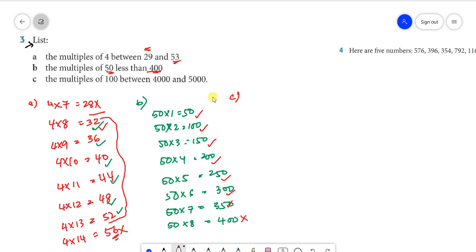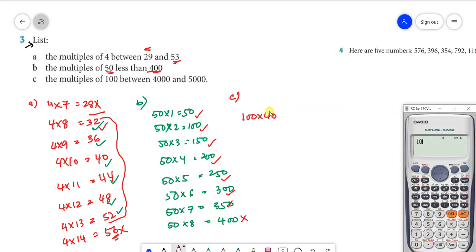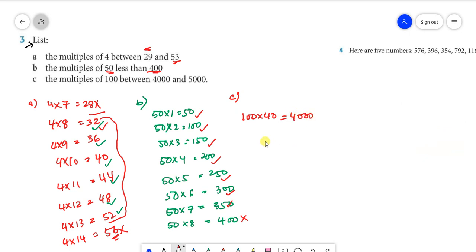Okay, and then we have C, the multiples of 100 between 4,000 and 5,000. So let's say between 4,000. Okay, so 100 times 40, we need a calculator again. 100 times 40, we're going to get 4,000.